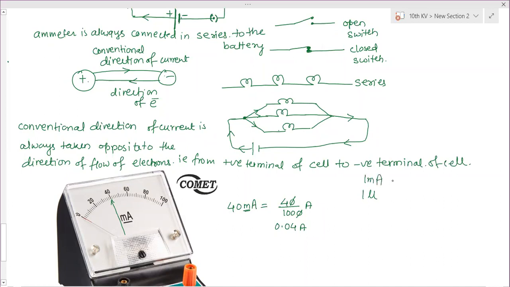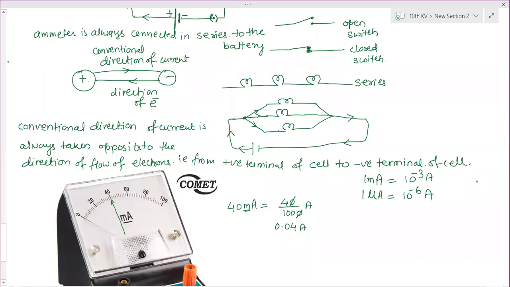Then the conversions: 1 milliampere is equal to 10 to the power minus 3 ampere, and 1 microampere is equal to 10 to the power minus 6 ampere.